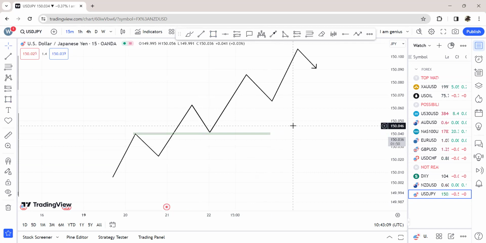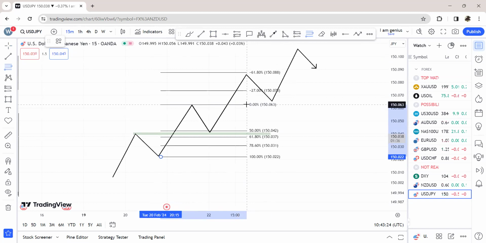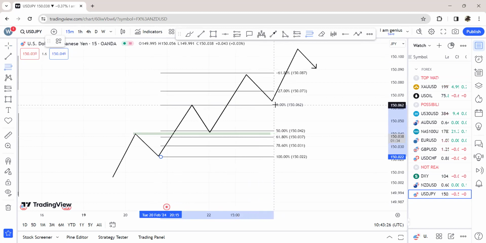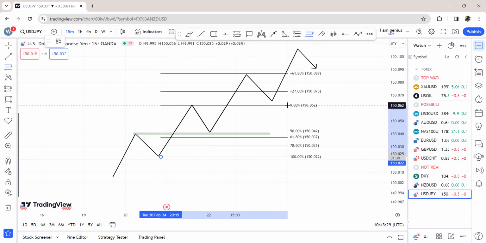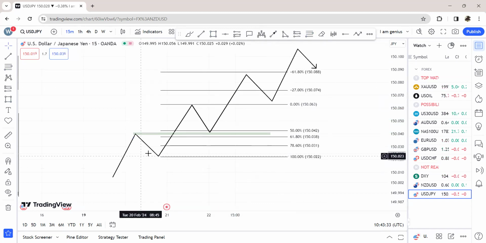You want to ensure that you use multiple confluences. What that means is I'll check where this impulsive move has started from. It has started from here. So I'll get my Fibonacci from this level and extend it all the way to that high. This 100 has to be exactly where the impulsive move starts from.